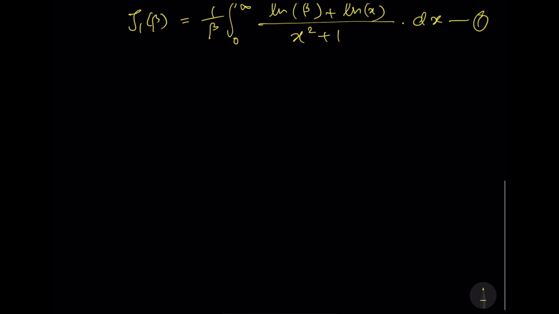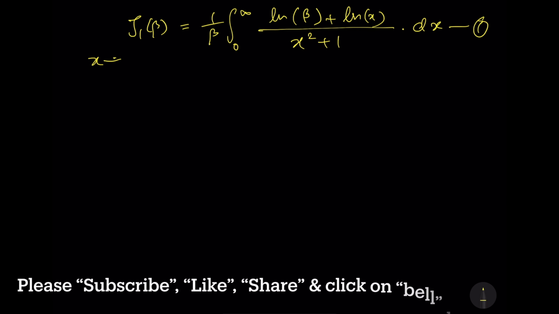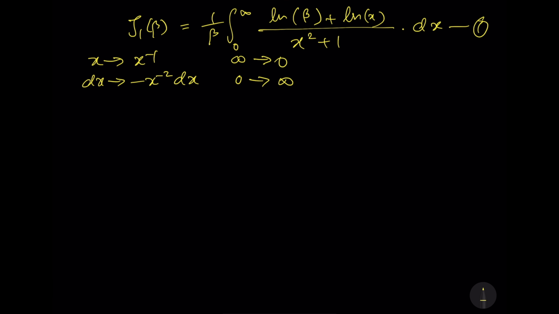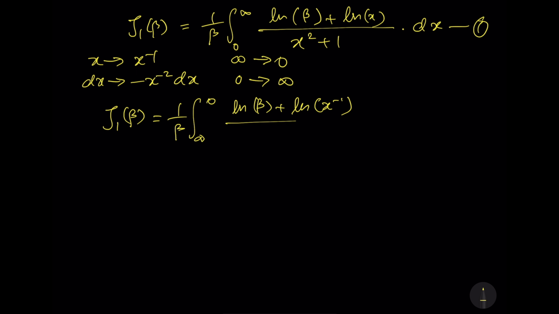Next, inverting variable strategy, change the x to x power negative 1. Therefore, dx becomes negative x power negative 2 dx. Infinity becomes 0 and 0 becomes infinity. J1(beta) becomes 1 over beta, integral from infinity to 0, natural log beta plus natural log x power negative 1, divided by x power negative 2 plus 1, multiplied by negative x power negative 2 dx.